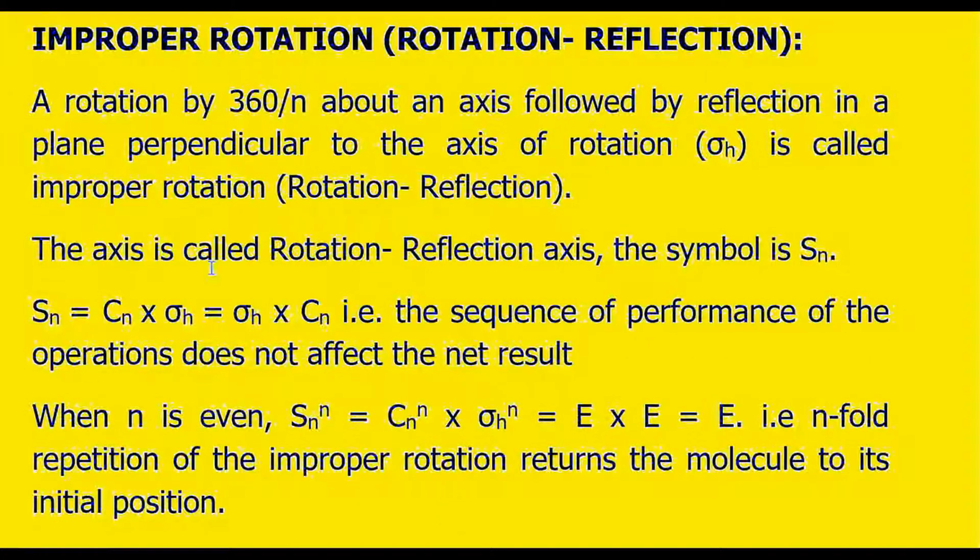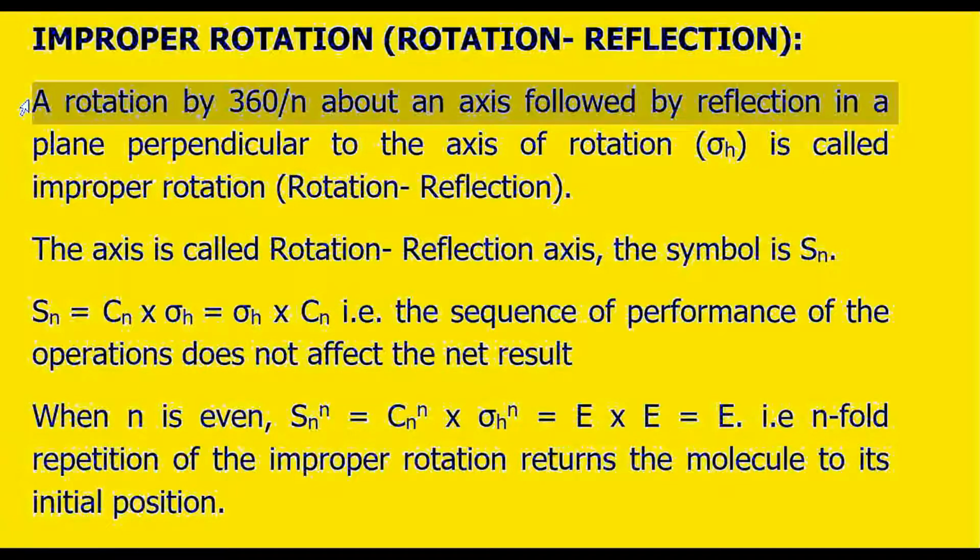First of all, we will take the definition of an operation called improper rotation. Friends, improper rotation is a combination operation. It is a combination of a rotation operation and a reflection operation.